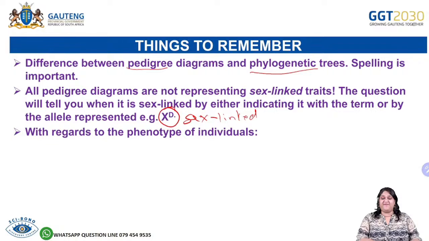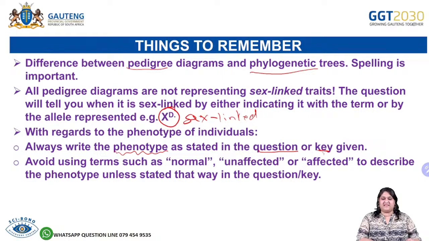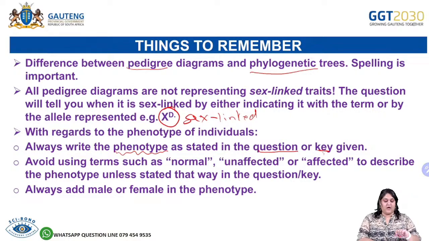With regards to the phenotype of the individuals, always write the phenotype as stated in the question or the key. Avoid using terms such as normal, unaffected, or affected to describe the phenotype unless it's stated that way in the question or the key. Always add male or female in the phenotype.